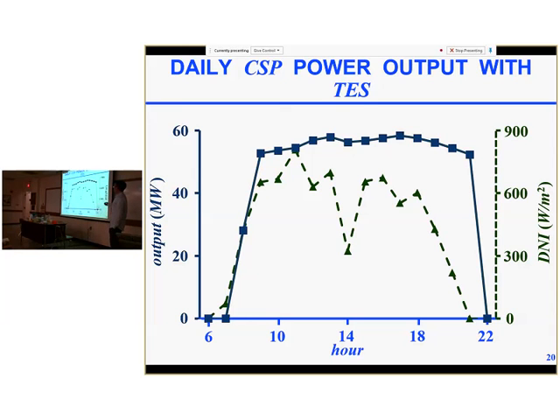For example, we may want to maximize the volume of the energy of the CSP power output. Also, we can set up some objective to make the output as smooth as possible. So it depends on what we need.